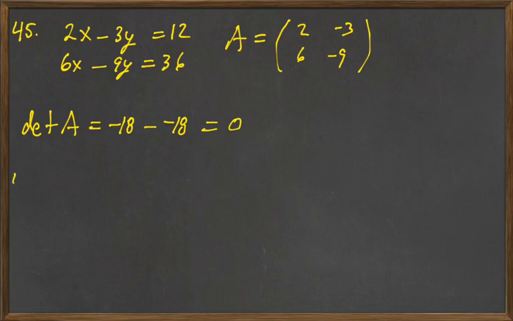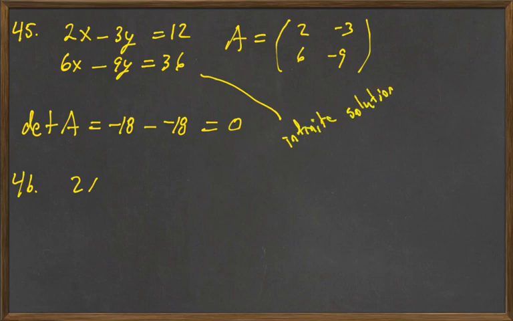So that's going to be 0. And so I think this one is going to be an infinite solutions problem. Yeah, that was an infinite solutions problem. So if your determinant is 0, it could possibly be infinite solutions.